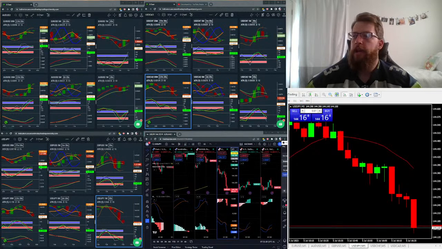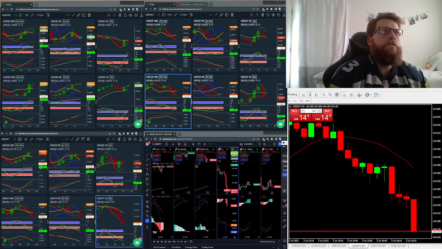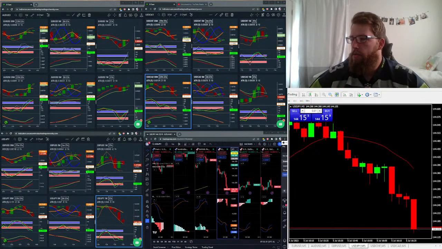Because if you get a 1.5% return every day, that's about a 30% return every month. And if you're getting a 30% return every month, you are getting rich quick.